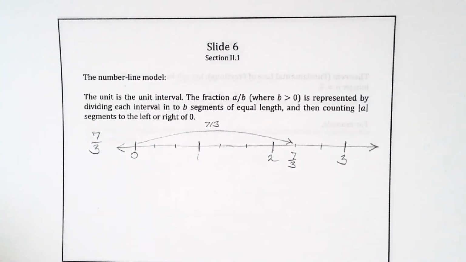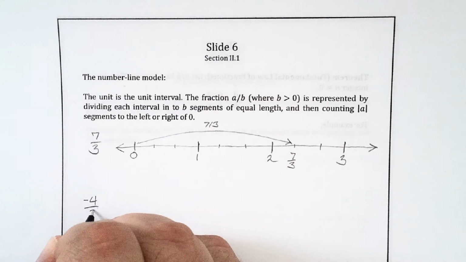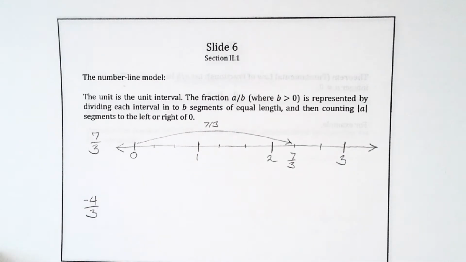Okay, what's nice about this model, of course, is that we can also illustrate fractions with negative numerators. So for example, suppose I want to illustrate negative 4 over 3. So now I'm just going to be counting to the left of 0.